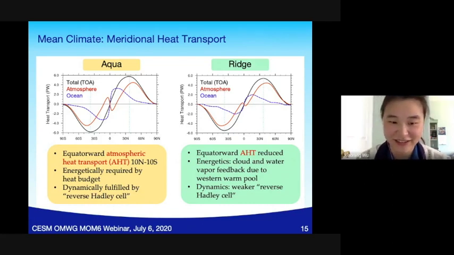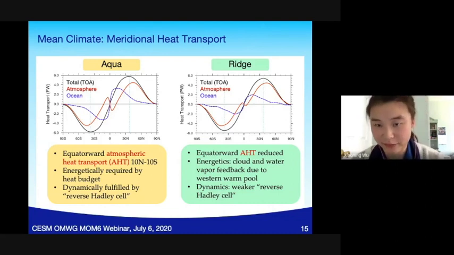That is energetically required, in that the ocean net heating was greater than the top of the atmosphere heating in those regions, and dynamically that's carried out by the reverse Hadley circulation in the atmosphere.